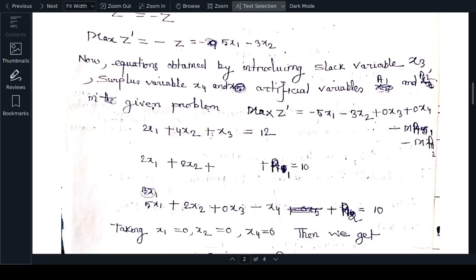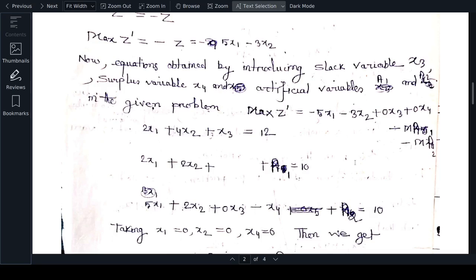So here, which variables do we consider equal to 0? You see, for x3 we get the first column of the identity matrix, so x3 we cannot consider 0. A1 gives us the second column of the identity matrix, so we cannot consider A1 equal to 0. And A2 gives us the third column of the identity, so A2 is not equal to 0.